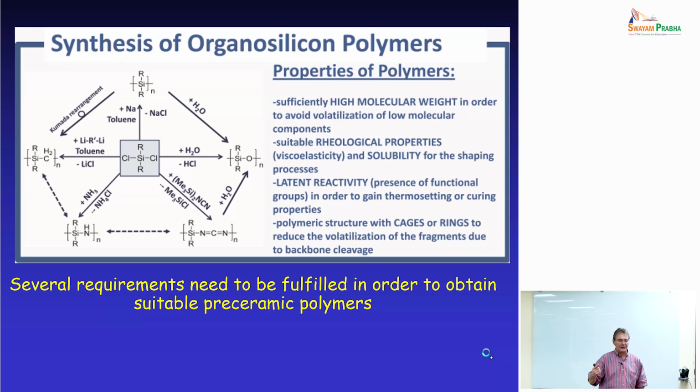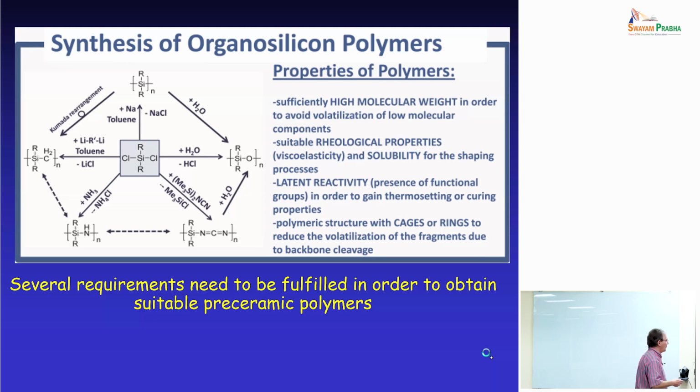In order to avoid that, you need to use, for instance, electron beam curing or gamma irradiation curing, which is, of course, more difficult and more expensive. So it's important to be able to lose the shape that you have given to the polymer.